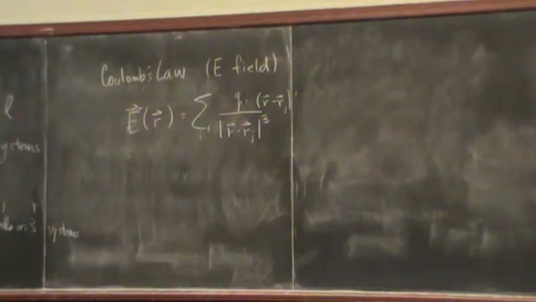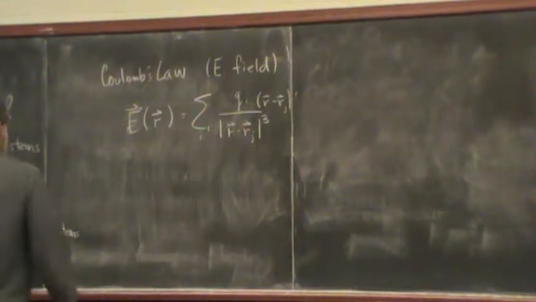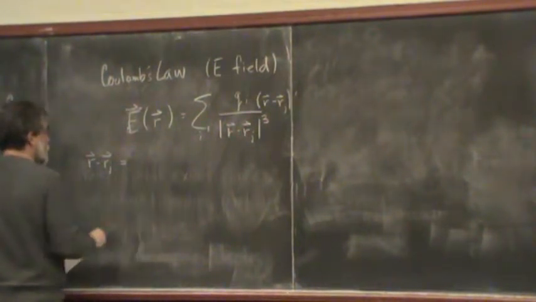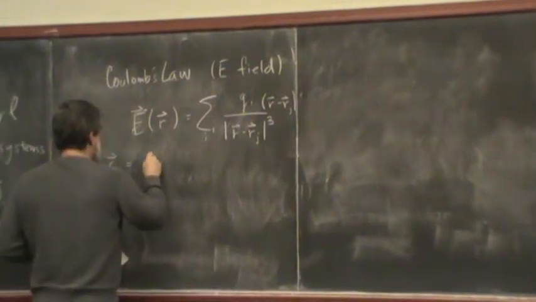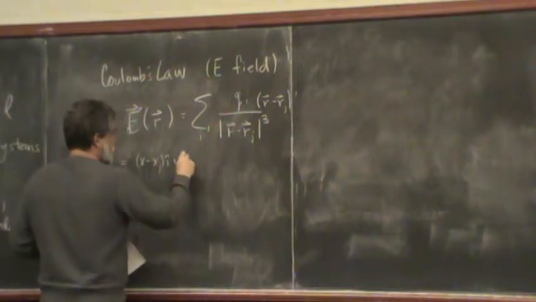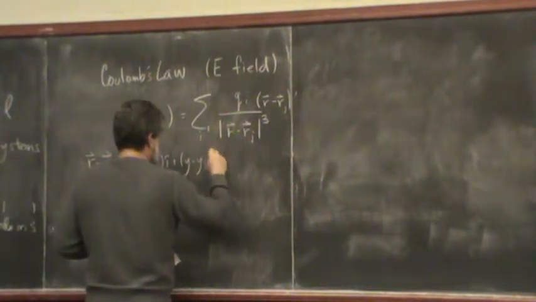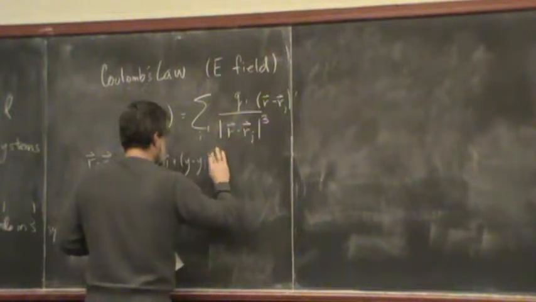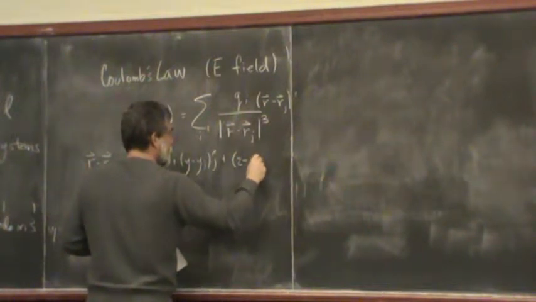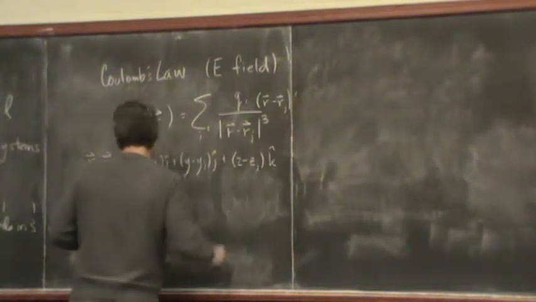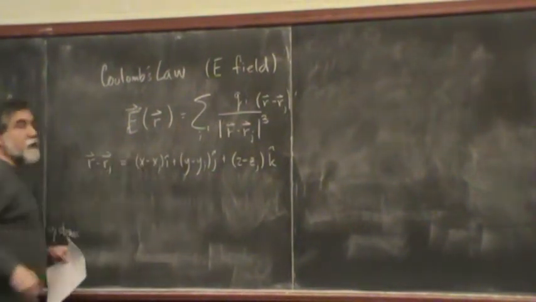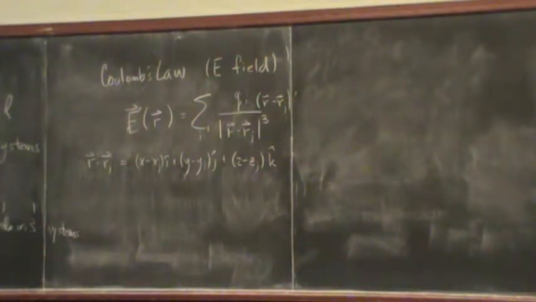And the integral form as well, where we understood that in Cartesian coordinates, r minus rj is x minus xj i plus y minus yj j plus z minus zj k, in full coordinate system, and the magnitude is just these squared, add it up and take the square root.